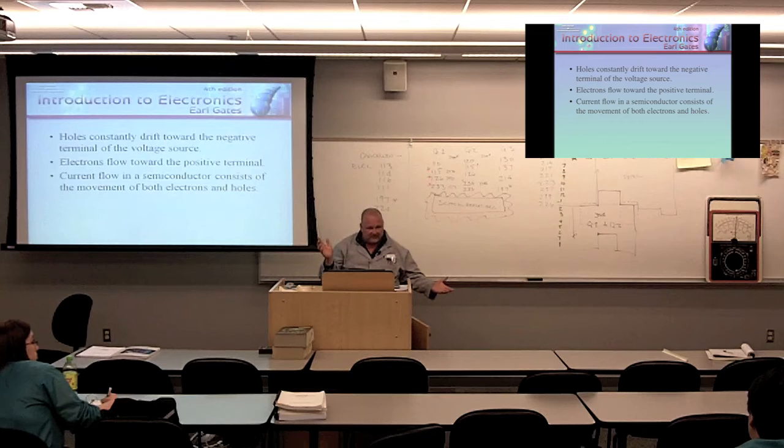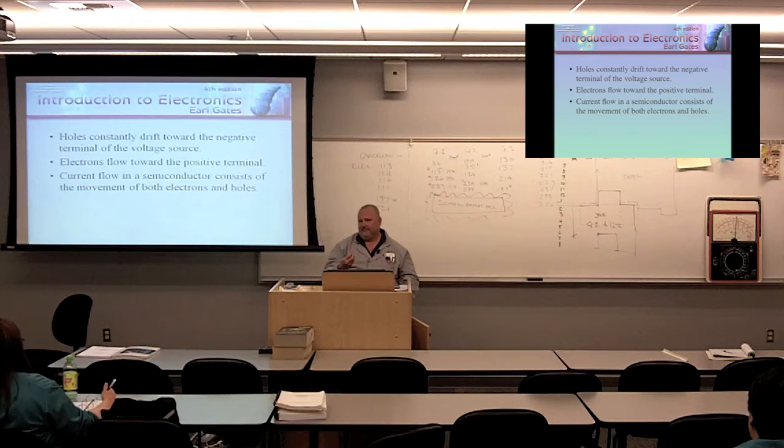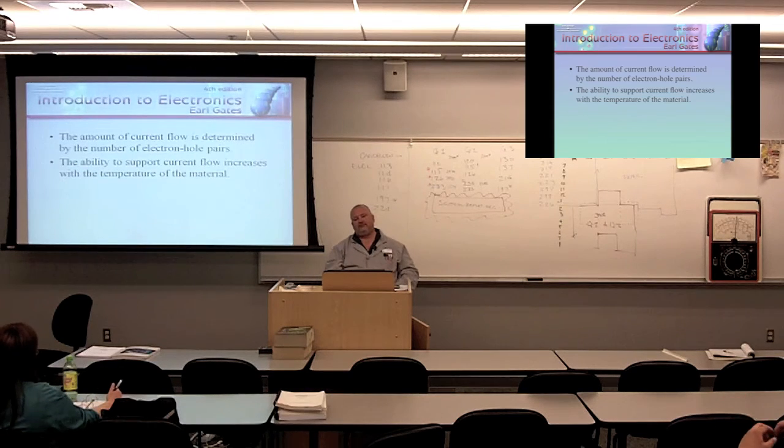Does that make sense? So don't be confused by holes. We didn't want to beat it to death in ELEC 110, but you have to understand the concept of a hole, the absence of the electron. Make sense? Can you dig it?